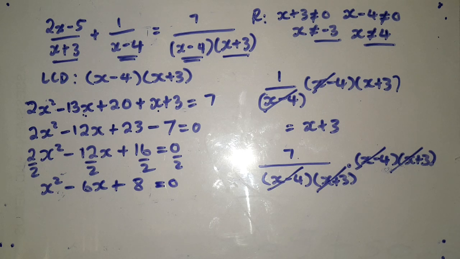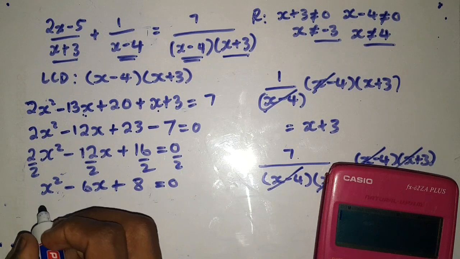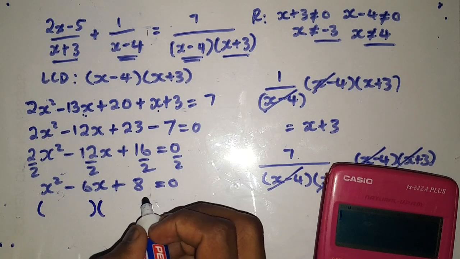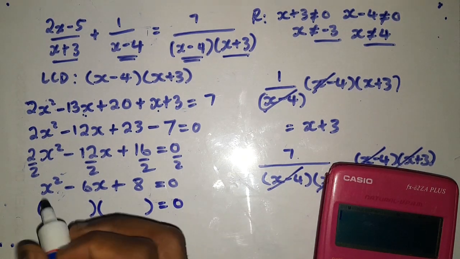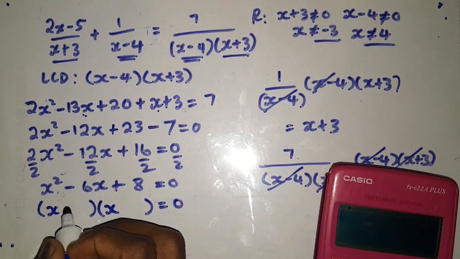Then now, at this point, we can try to factorize this quadratic equation by saying we have x, same here we have x.